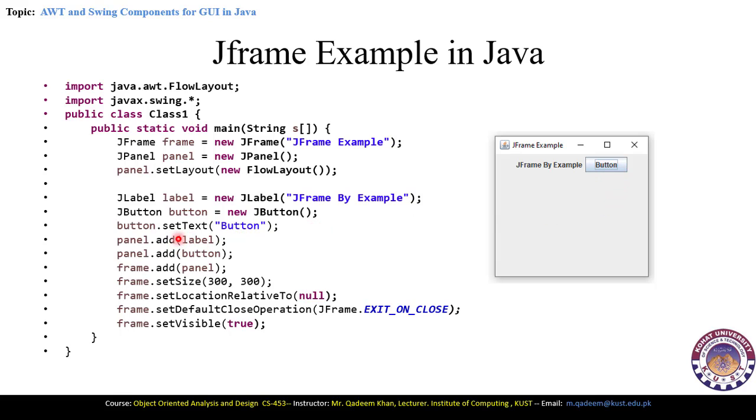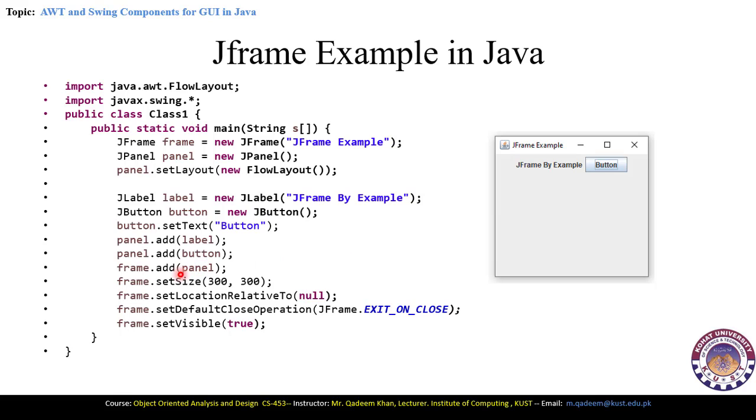Now we have added the label and button inside of this panel and then the panel is added inside the frame. So first we have created the frame, then the panel and then two controls, and these two controls are added inside of the panel. The panel is added inside of the JFrame.